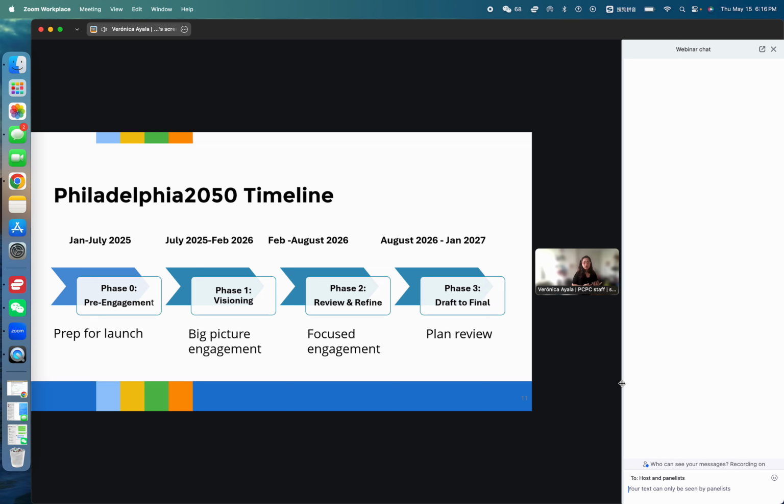And then we'll be doing another round of flyering and invite the public to attend workshops in their planning districts designed to engage residents in writing and refining specific recommendations. And so during the 3rd and final phase, we will be starting open house public meetings in each district plan to ensure that residents are aware of the contents of the draft plan and have a way to express support or recommend changes.